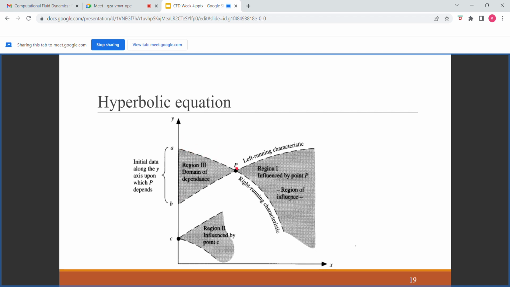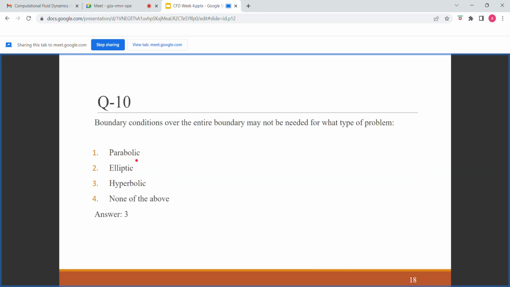That is, we should be using only points within this region for calculating P. So the boundary conditions over the entire boundary may not be needed for what type of problem? The answer to this is hyperbolic. Hyperbolic does not need the entire boundary.